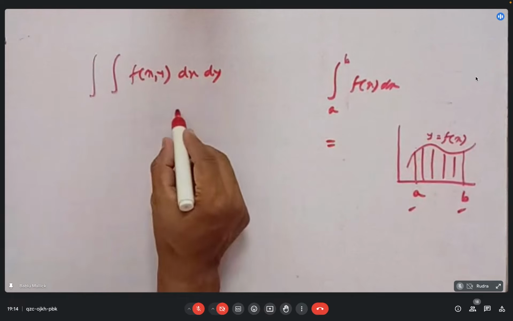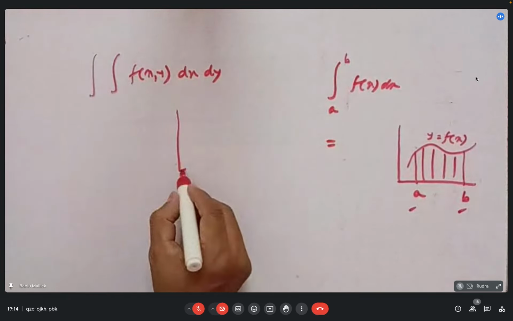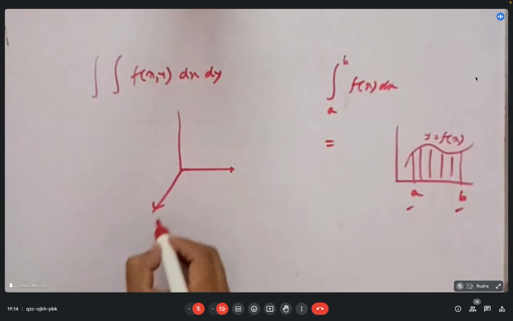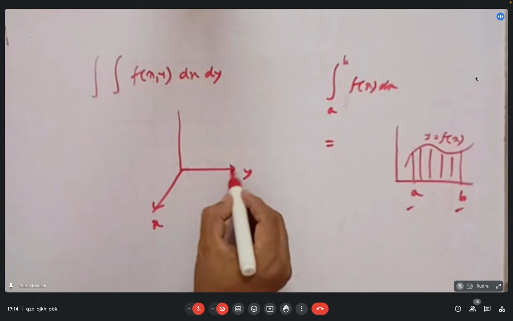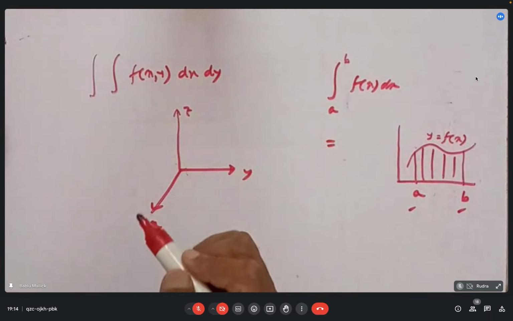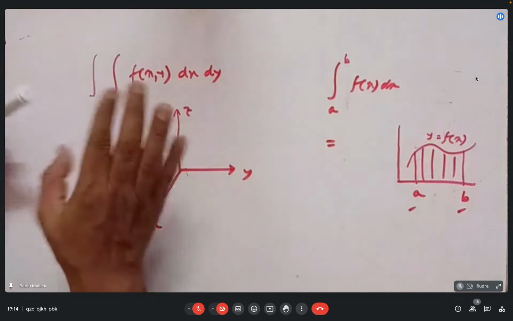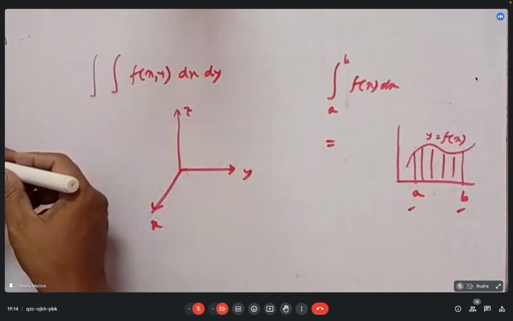Suppose this is the x-axis, y-axis, and this is the z-axis. Suppose we shall integrate this over the area bounded by something.